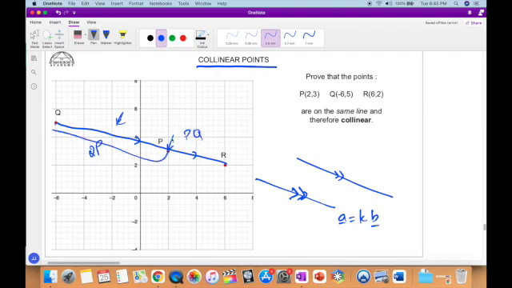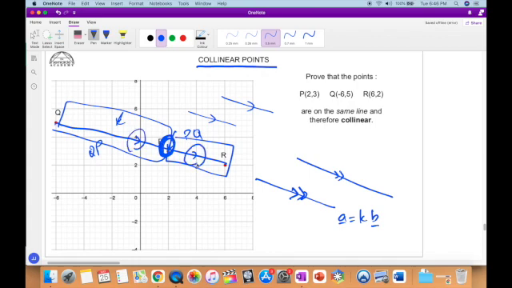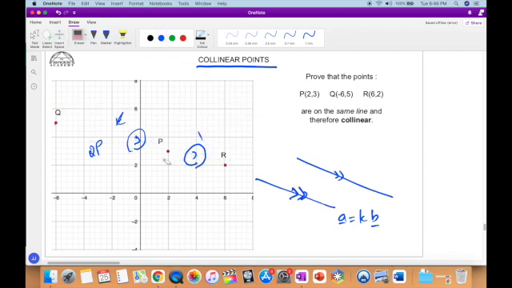So if we could prove that this is parallel to this, and that means that they're going in the same direction, we could also show that it's impossible for them to be parallel because they share a common point. So because we proved it to be parallel, but they share a common point, it means that they're not actually parallel, they're actually on the same line. So in other words, in order to prove that these 3 points are collinear, we take this vector and we prove it to be a scalar multiple of this one.